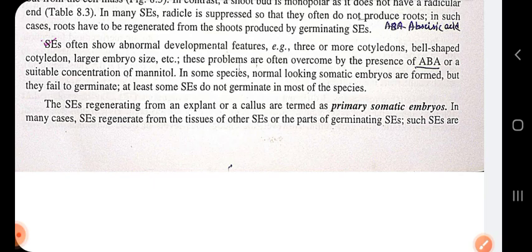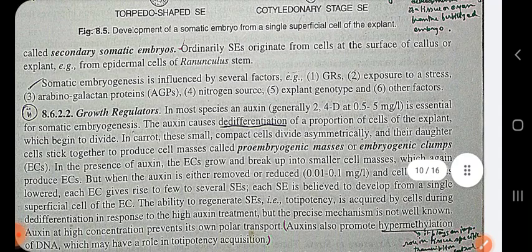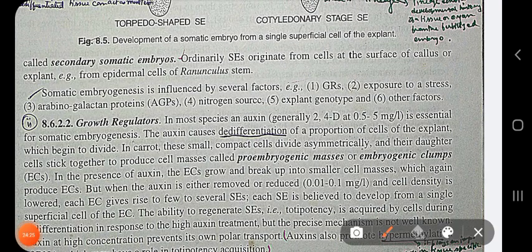Let us see the other things mentioned here. It says that somatic embryogenesis is influenced by several factors like growth regulators, abbreviated as GR, and exposure to stress.